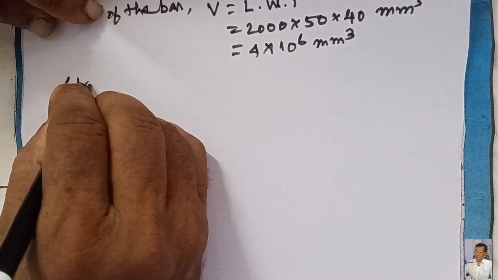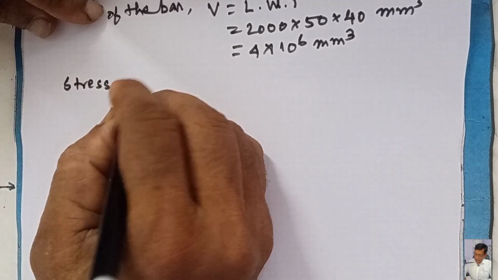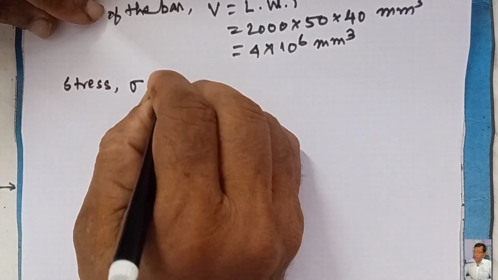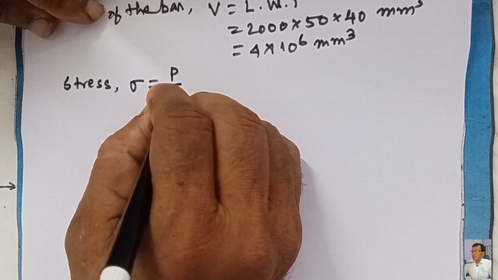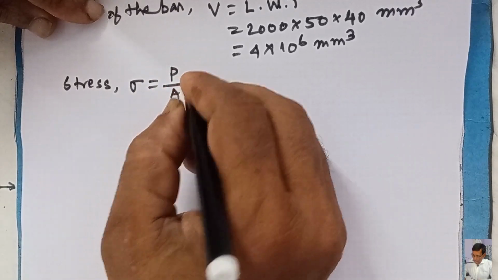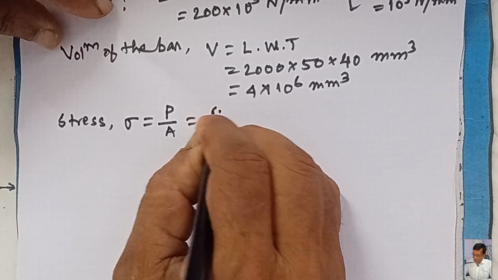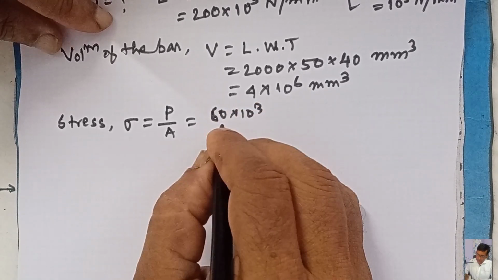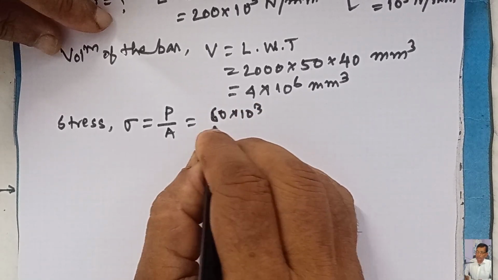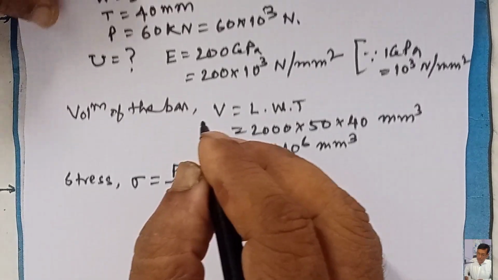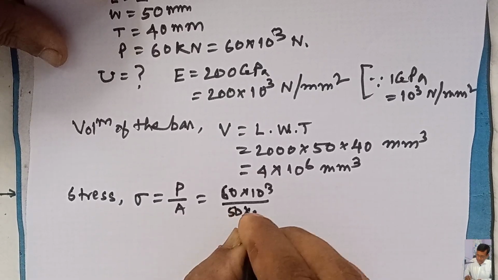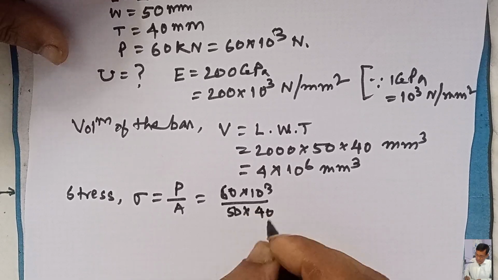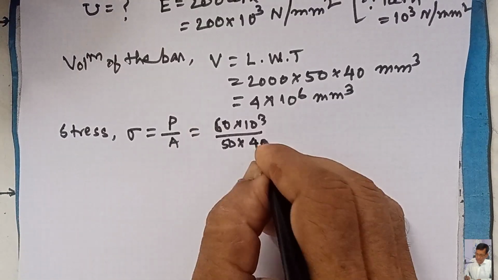Now stress is equal to P by A is equal to 60 into 10 to the power cube divided by area 50 into 40. Area means cross-section area.